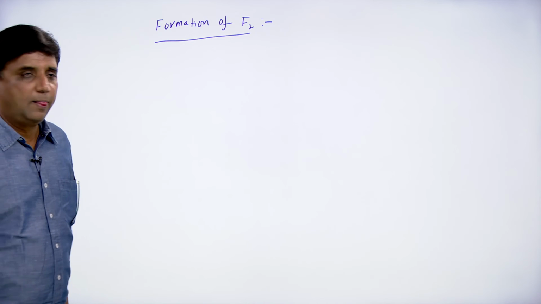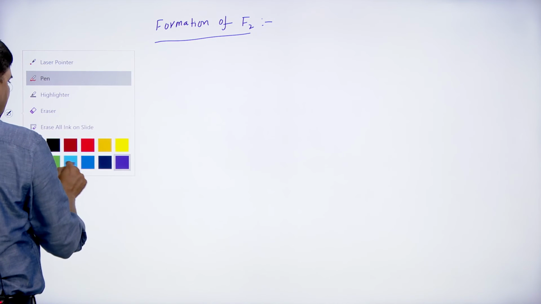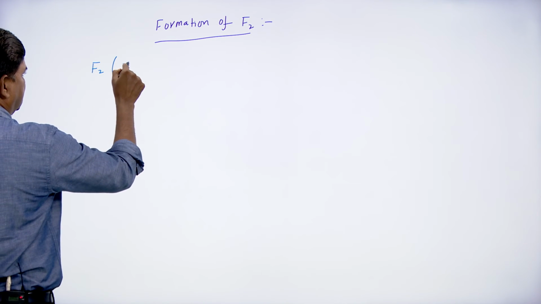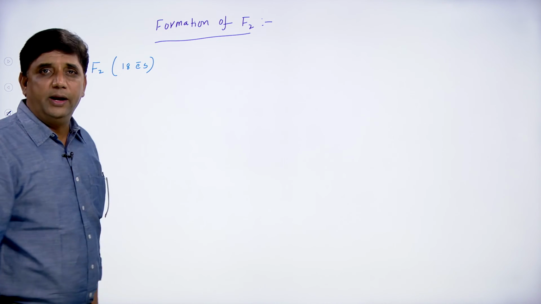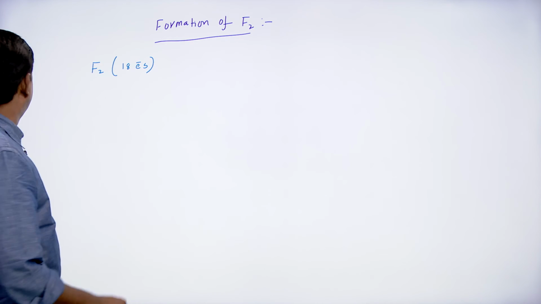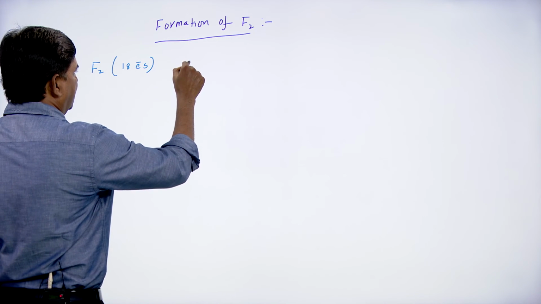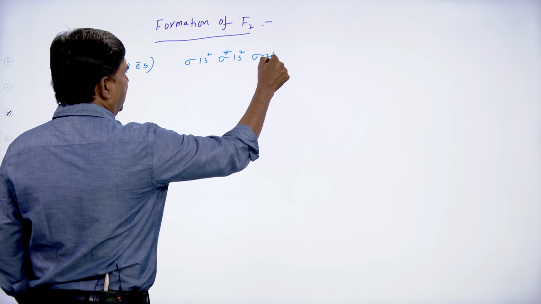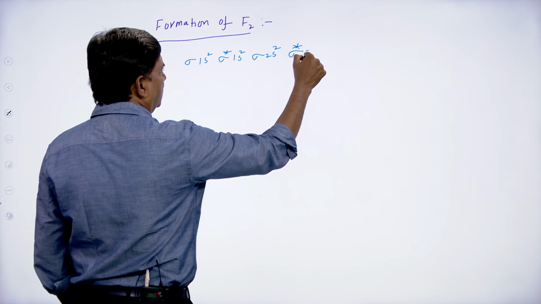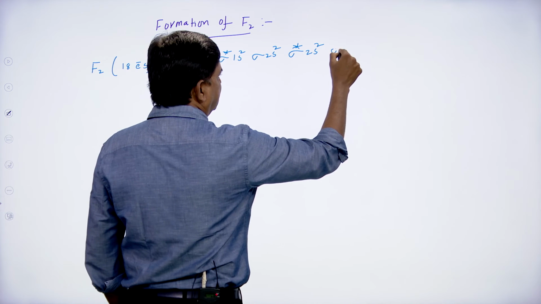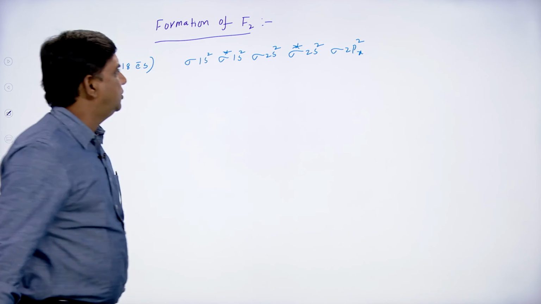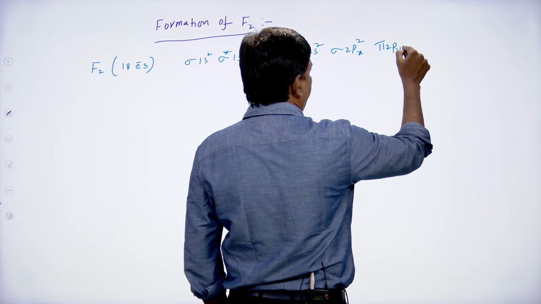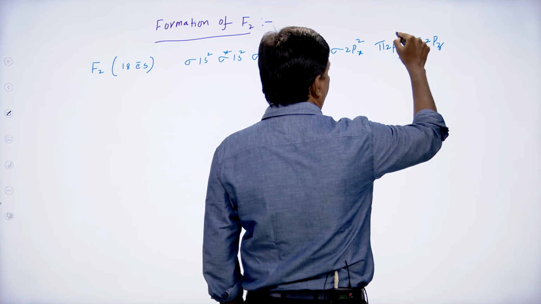Fluorine contains 18 electrons. 18 electrons means that must be sigma 1s2, sigma star 1s2, sigma 2s2 and sigma star 2s2, and sigma 2px2, 10 electrons. Pi 2py is equal to pi 2pz, 2 and 2.